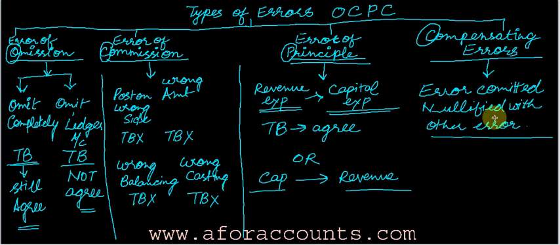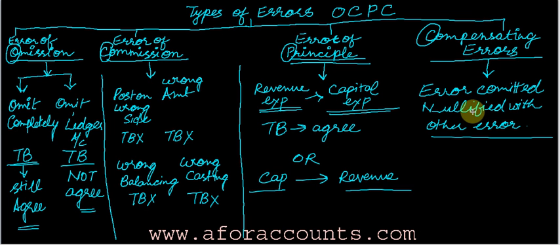Now how does this happen? See, errors that cancel each other, that is, underposting of one account compensated by one more error, say overcasting of another.